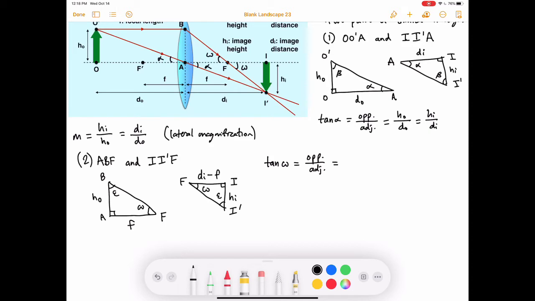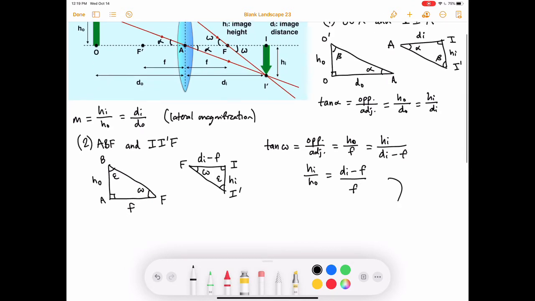So using the first triangle, the opposite side is HO, and the adjacent side is F. But using the second triangle, the opposite side is HI, and the adjacent side is DI minus F. Okay, so if we rearrange that, we have HI over HO equaling DI minus F over F. But remember from earlier, using the previous result, we said that DI over DO is the same as HI over HO.